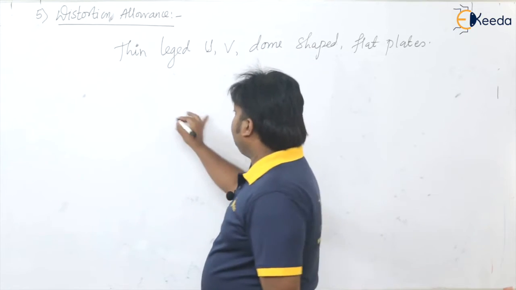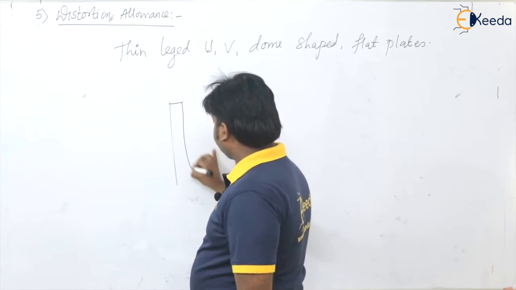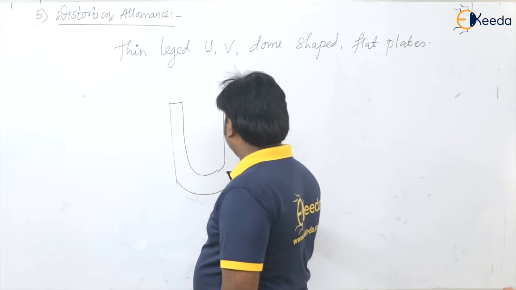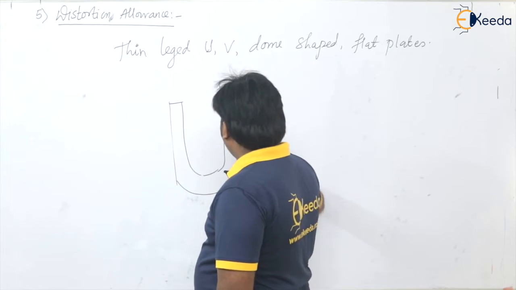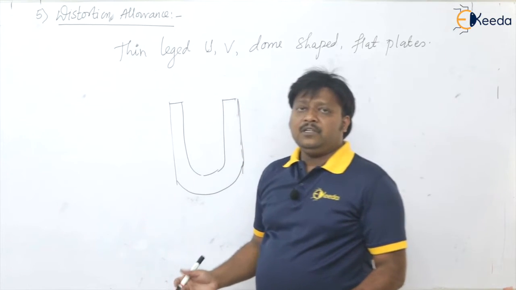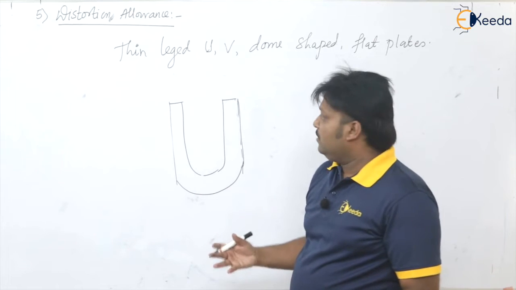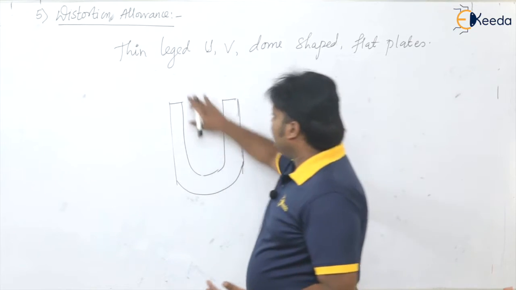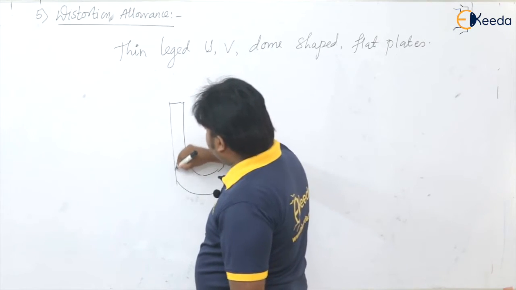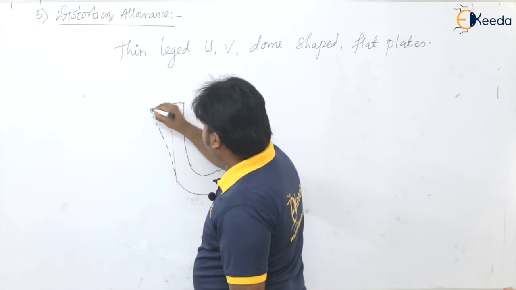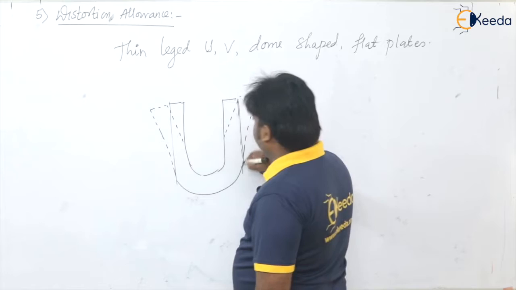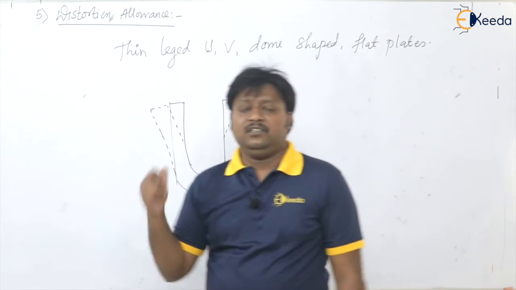Okay, so suppose I take the U shape, I want such a type of casting. So what happened? During the casting of such a shape, because of the shrinkage force or the metallostatic forces, this shape is going to distort like this, or the warpage is there, isn't it? So distortion has occurred here.